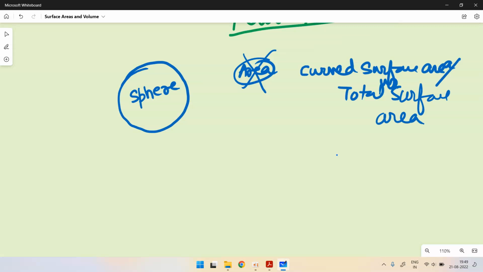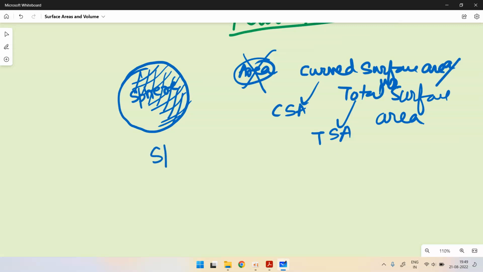The curved surface area will be represented as CSA, total surface area as TSA. What is curved surface area? Since these objects are curved, the area represented by this curved surface is the curved surface area.